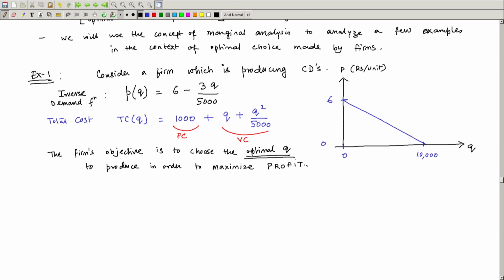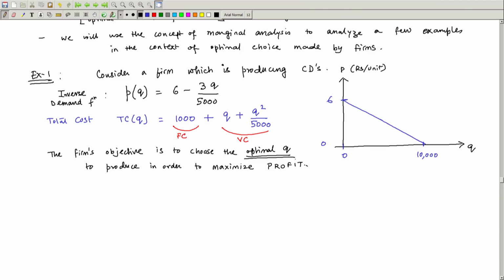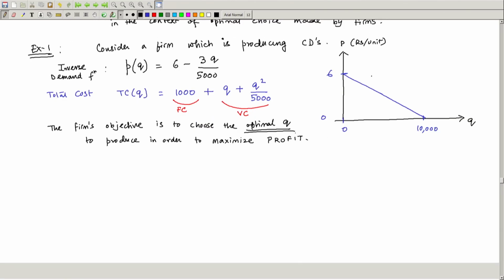So, unlike the movie theatre example where the objective of the firm was to maximize its total revenue, recall the example that we did last class where we had a movie theatre which was trying to maximize its revenue, here the firm is trying to maximize its profit. Okay. So, let us first write down what the profit function is and then we will see how to solve the profit maximization problem. So, let us denote profit.